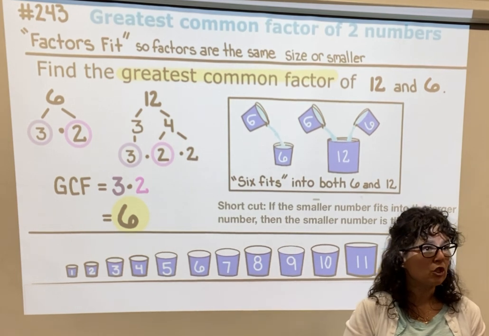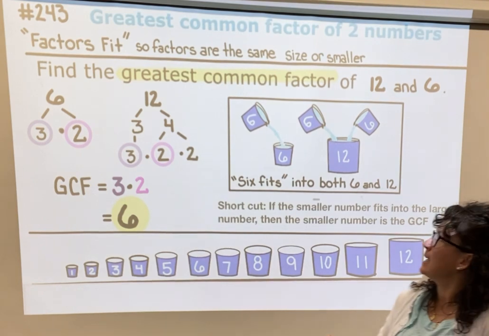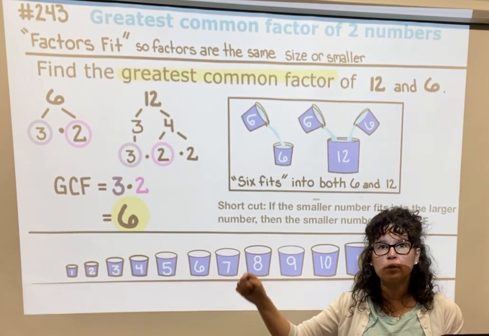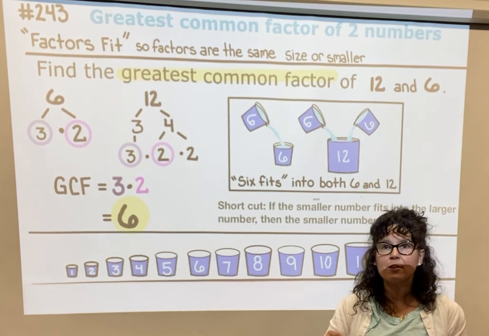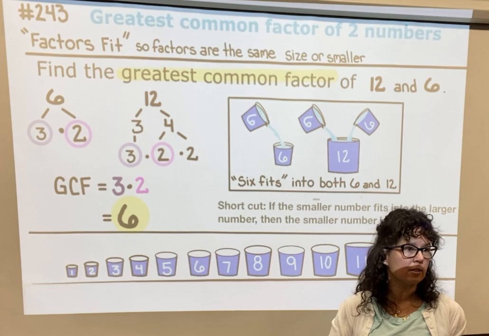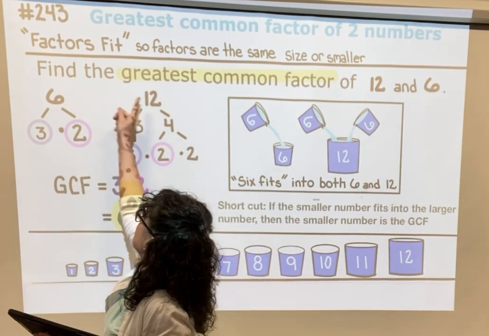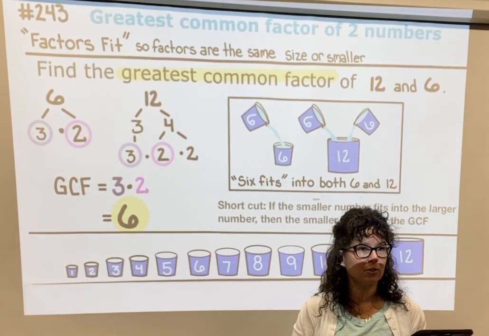Now a shortcut that you can be on the lookout for is if the smallest number fits into the bigger number, then the smaller number is the greatest common factor. So notice 6 does fit into 12, so 6 is my answer.